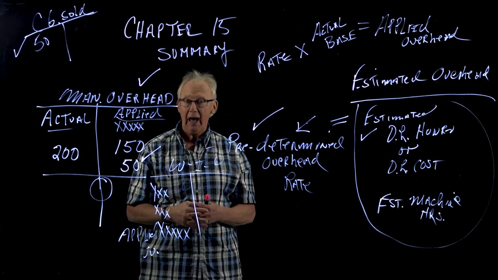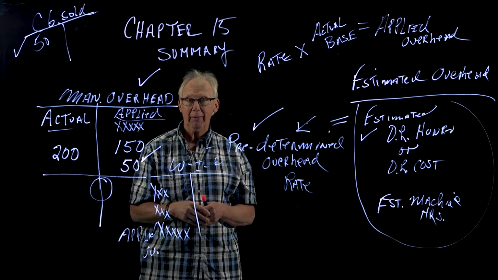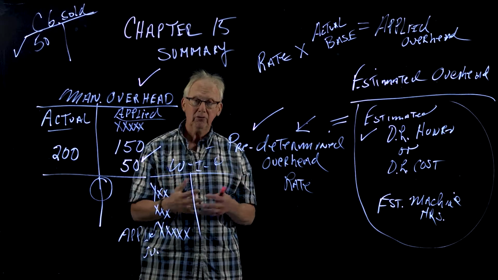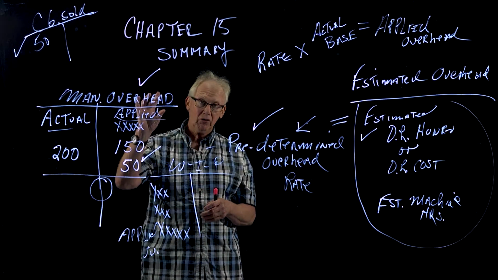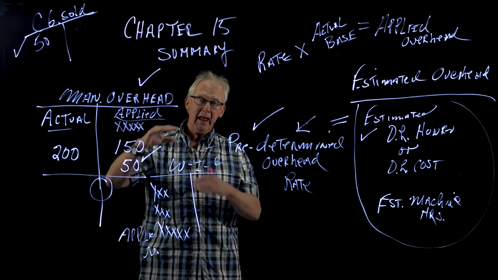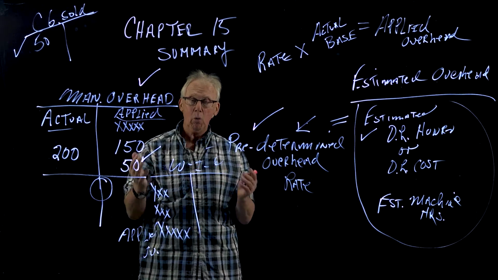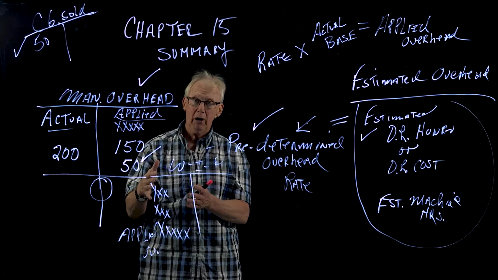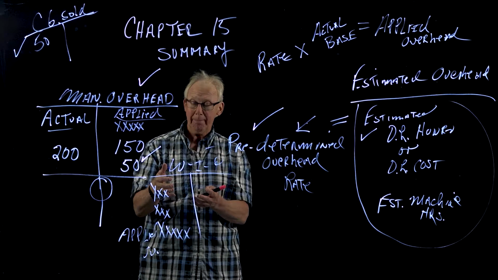Now, you've got to know your overhead costs, like I stated in my last chapter summary. Please go to chapter 14. Know that direct materials, direct labor, and manufacturing overhead, which is a bunch of different costs, are what we call the product cost or the manufacturing cost. Okay?